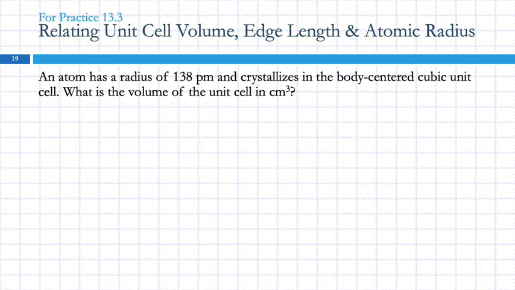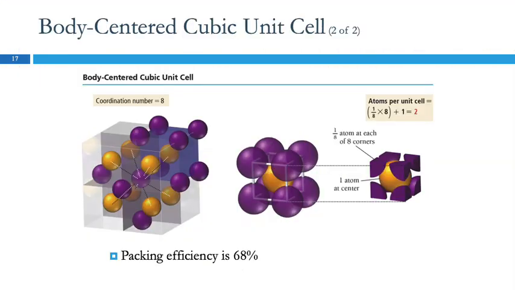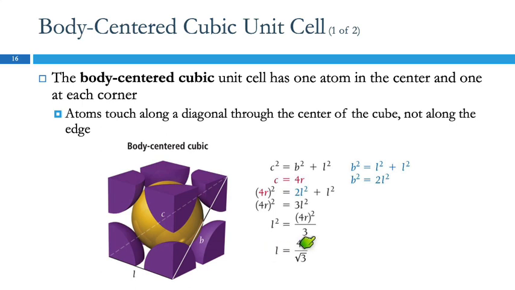An atom has a radius of 138 picometers and crystallizes in the body-centered cubic unit cell. What is the volume of the unit cell in cubic centimeters? So we're going to run across questions like this in the homework. There might be one on an exam. I will give you information like the equation for the edge length.